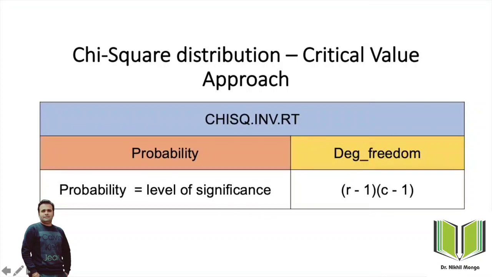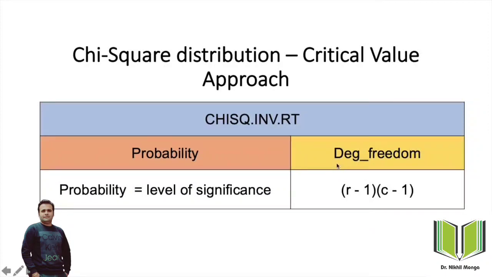So with the critical value approach, this is the command which we can use, that is CHISQ.INV.RT. For that I need to have a probability and the degree of freedom. So I can use this function in Excel. And what are the two things we need? We need a probability and the degree of freedom.